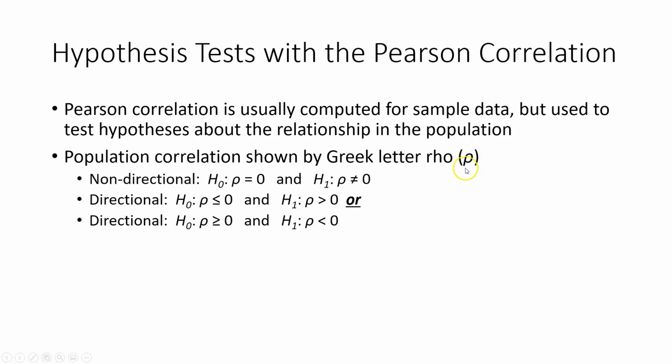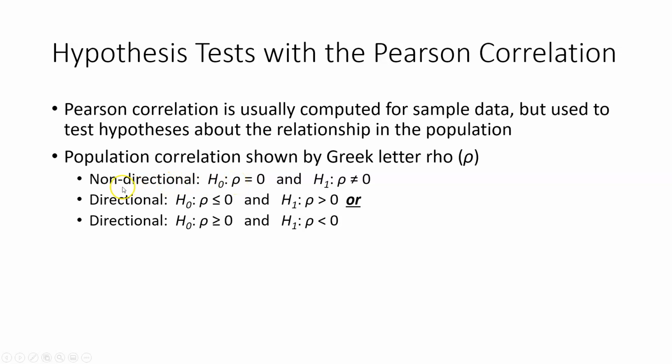Remember, this is similar to the fact that if you compute a mean of a sample, the population mean isn't indicated by an italicized M, it's indicated by an italicized mu. In this case, the letter rho is the Greek equivalent of our letter R, and so we use this in place of R when we're talking about the population.